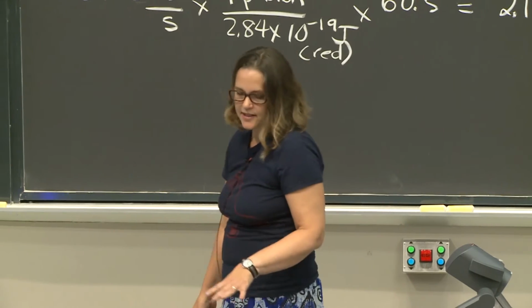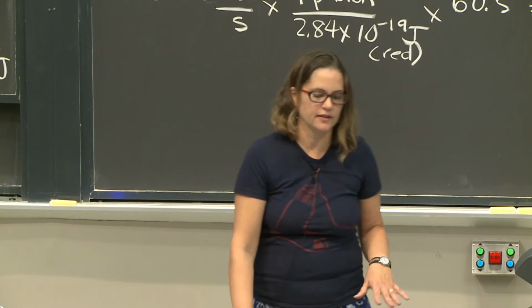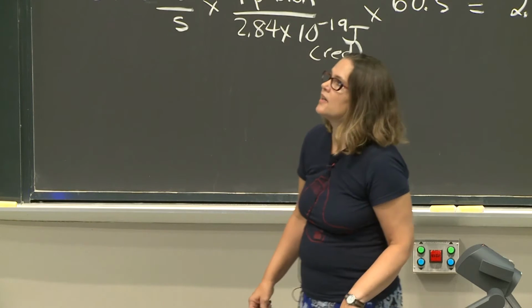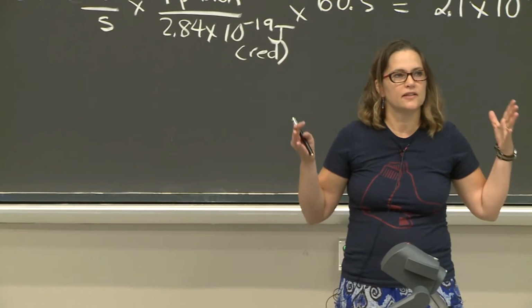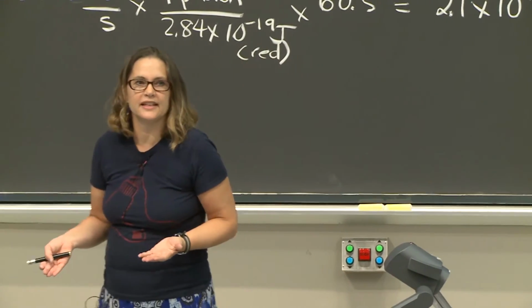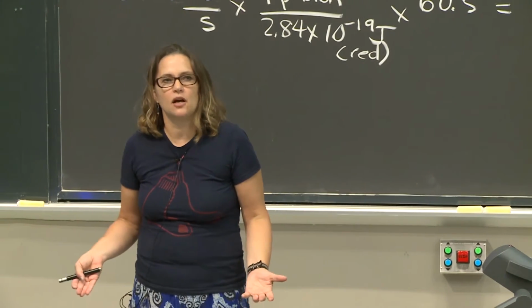Okay, so let's introduce the Schrodinger equation, and we'll spend some more time on this as we go along on Friday. So we had learned a lot about wave-particle duality, and about these subatomic particles.